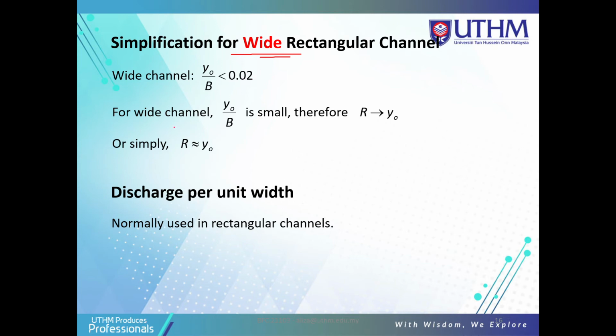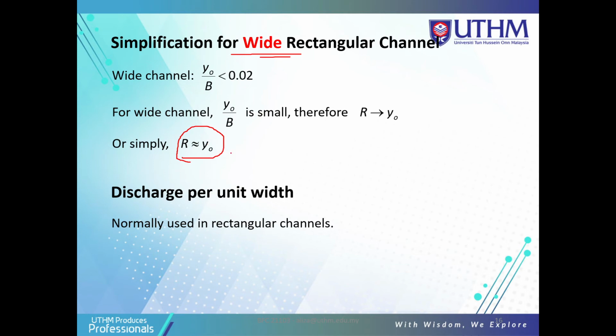For a wide channel, Y naught over B is small, therefore R is equal to Y naught. So just remember that for a wide rectangular channel, R is equal to Y naught.